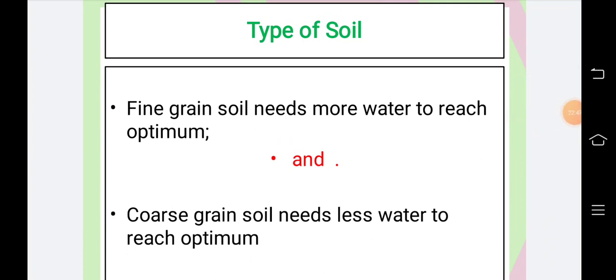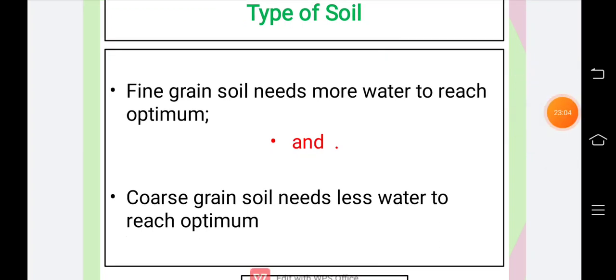So the first one is the type of soil. Fine grained soil will require more water to reach the optimum, and coarse grained soil will require less water to reach the optimum. So what is meant by that?